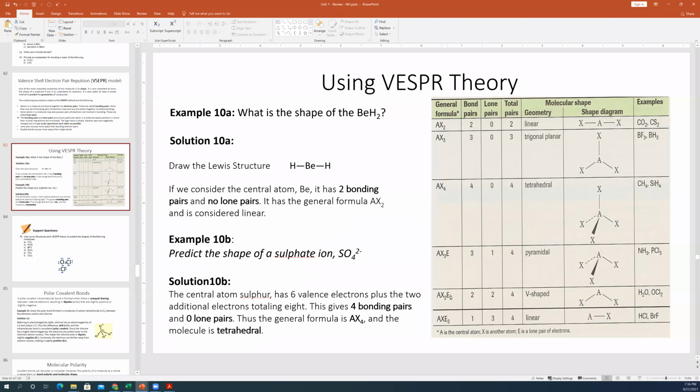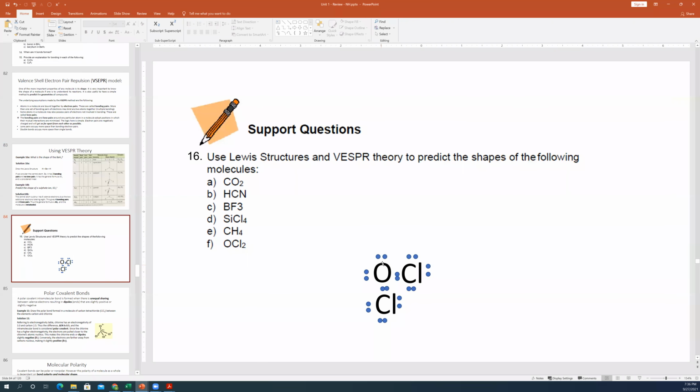It's AX2E2. So our molecule will have a V-shaped arrangement like this. And actually our answer is right there, OCl2, just like H2O is a V-shaped bent shape. And this bent shape comes as a result of these lone pair electrons wanting to push these two farther away from themselves. Okay. So that was a good example to do.